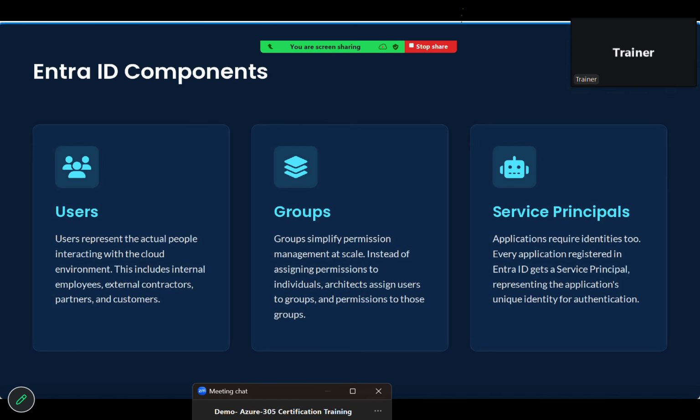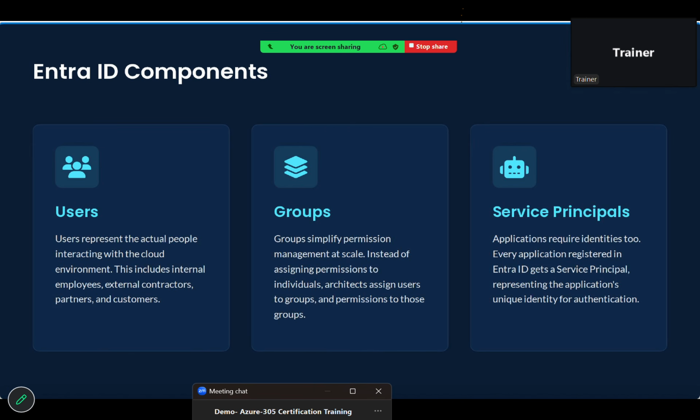And what will be the applications? Applications require identity too, and applications authenticate to Azure services. And what about the service principal?